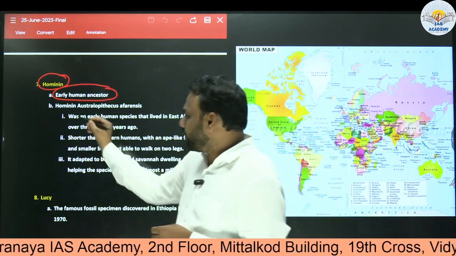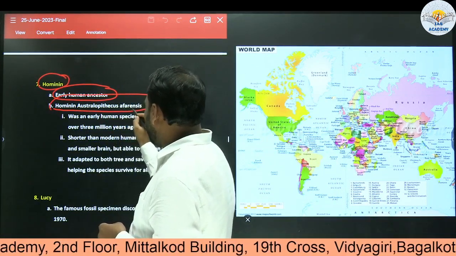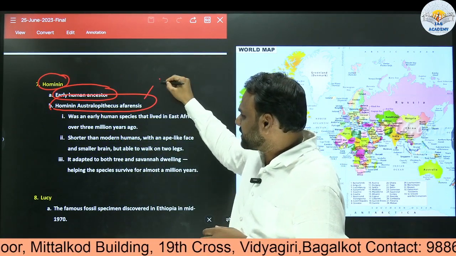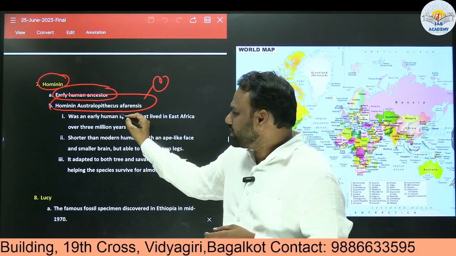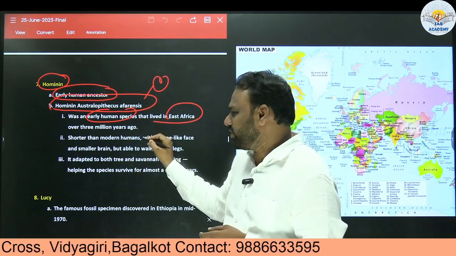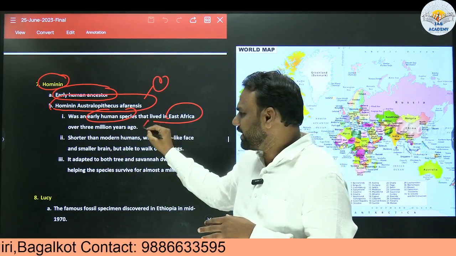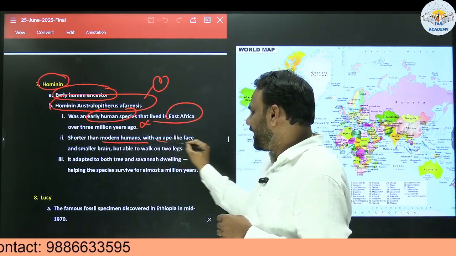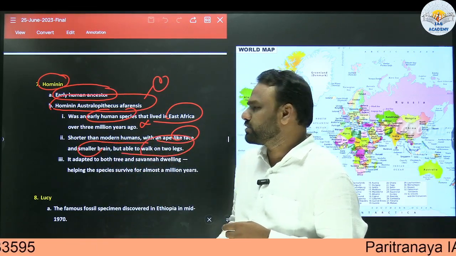Specifically, they also mentioned the hominin Australopithecus afarensis. UPSC generally does not go into deeper aspects like this, but out of curiosity you can prepare. This was an early human species that lived in East Africa over 3 million years ago. UPSC generally does not focus on all these details like 3 million years ago, so you can just ignore it. They were shorter than modern humans with an ape-like face and a smaller brain, but also able to walk on 2 legs, like human beings.